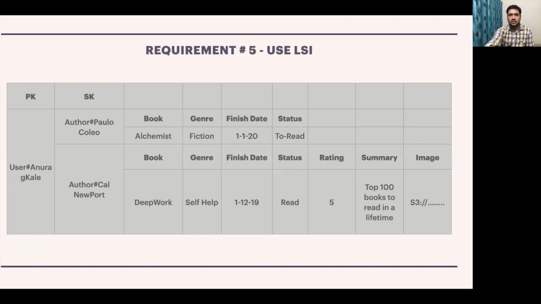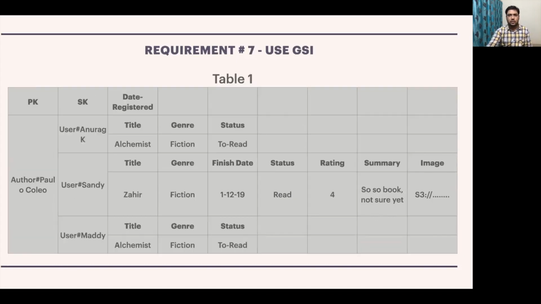The reason is that I have defined PK and SK as generic terms so that I can add different primary keys and sort keys irrespective of their name, irrespective of their entities. If I had named the primary key as user ID and the sort key as author ID, it would confuse me in the future if instead of user ID I put in author ID. So this is the reason for using user hash and author hash.